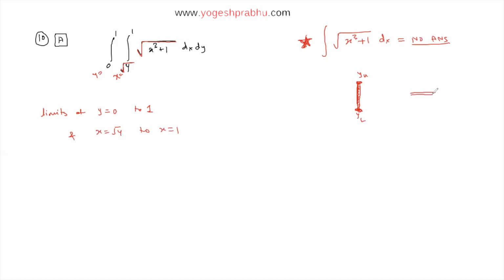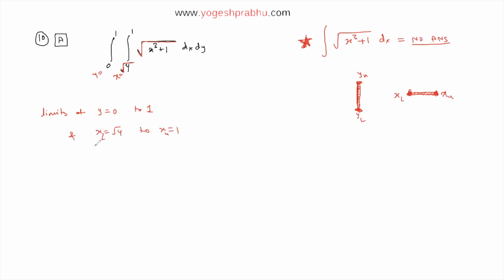You can go horizontal strip and then the left end is the x lower limit and the right end is the x upper limit. Do you know this? So do you see x lower and x upper?